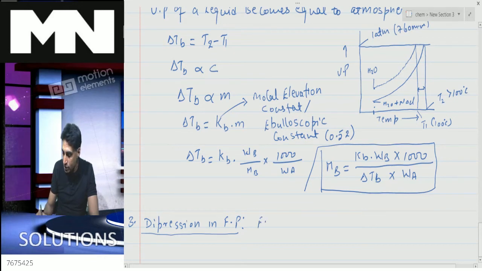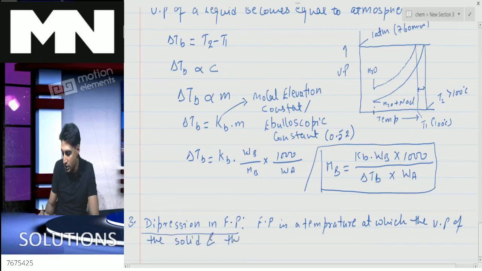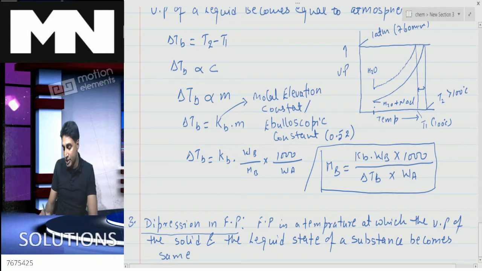Freezing point is a temperature at which the vapor pressure of the solid and the liquid state of a substance becomes same.